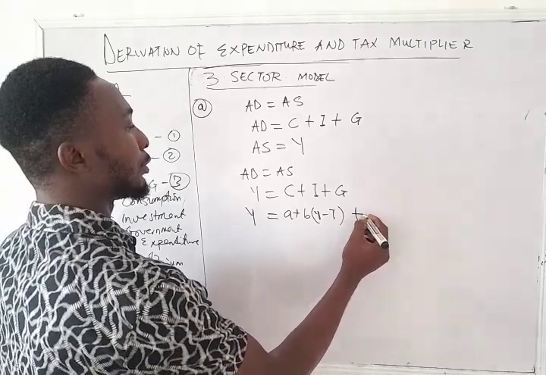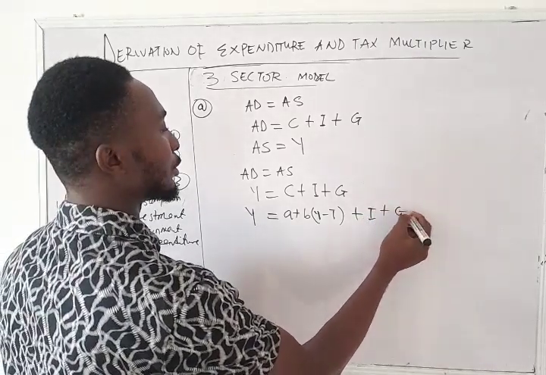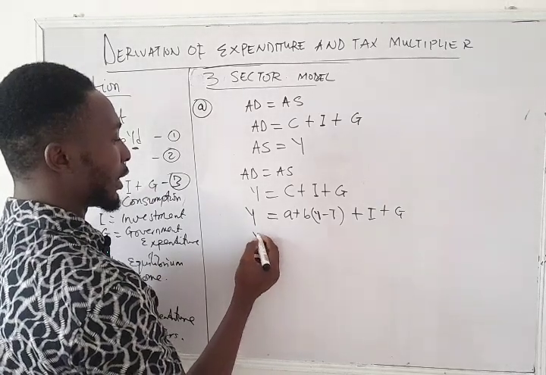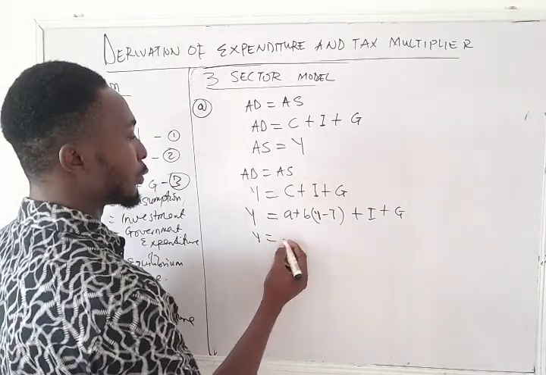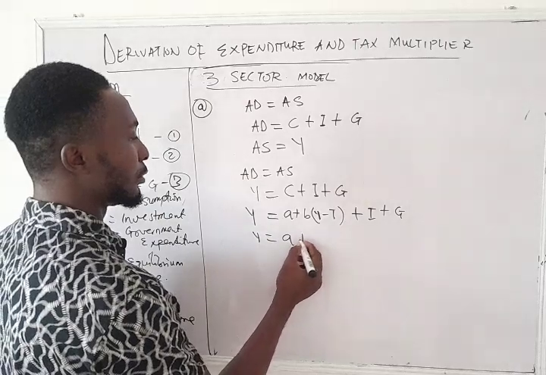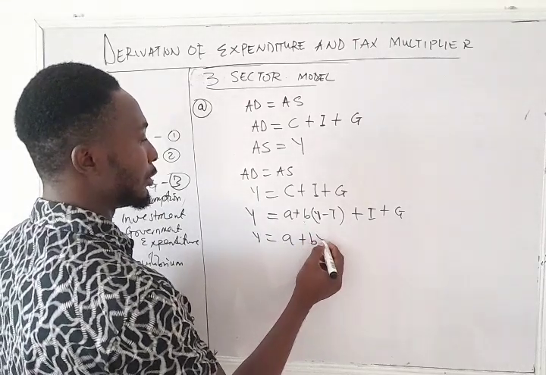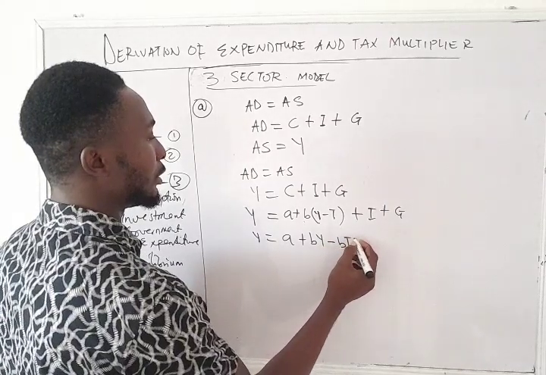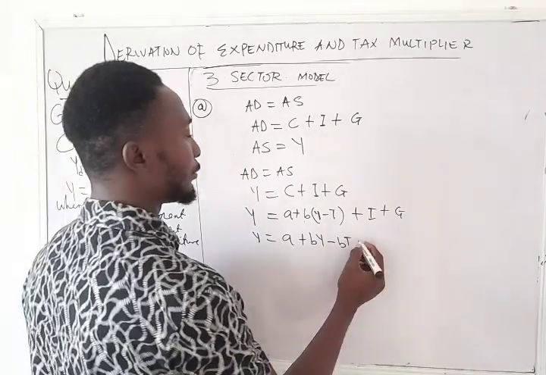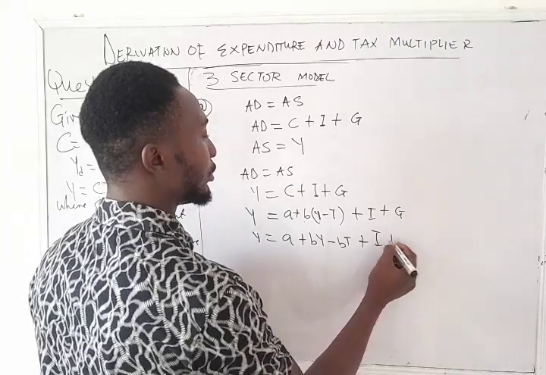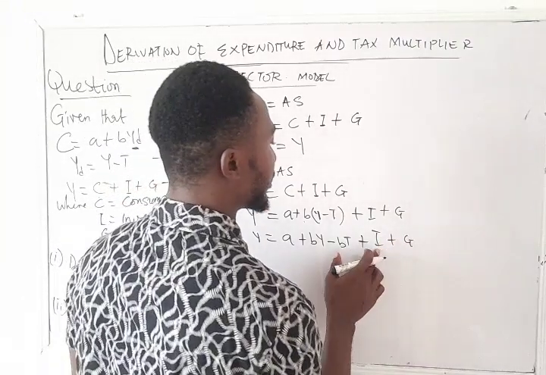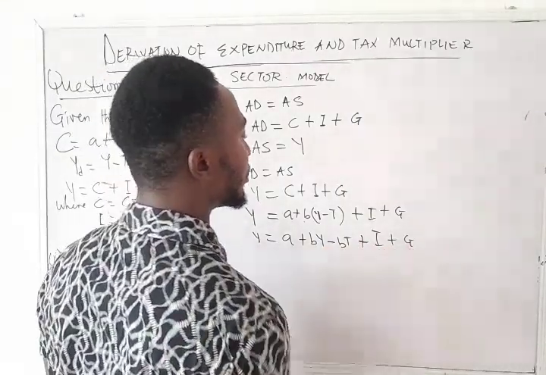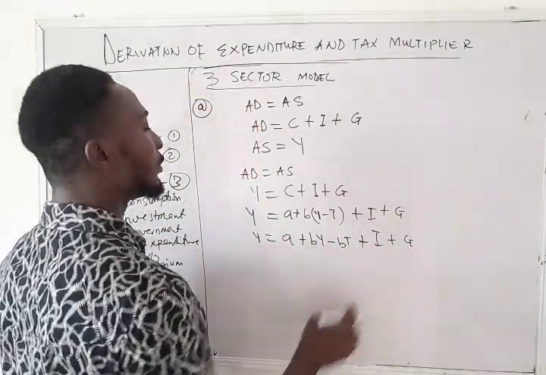Then we add it to plus I plus G. So from here, we have Y is equal to, so we expand this, A plus BY, and then minus BT, and then here we have plus I plus G. So I is a lump sum investment, G is a lump sum government expenditure.